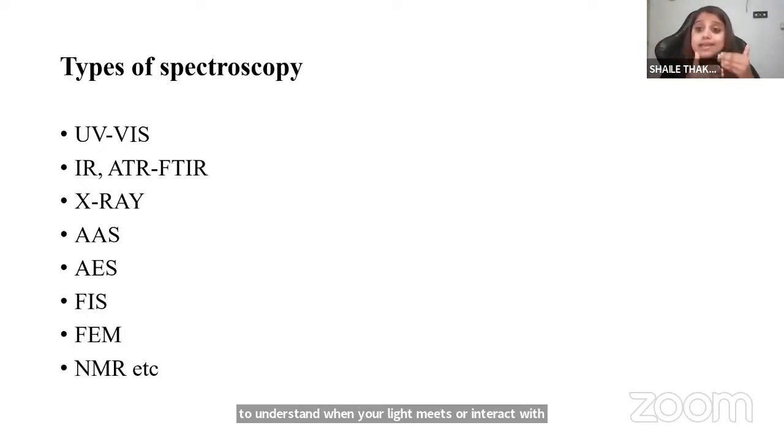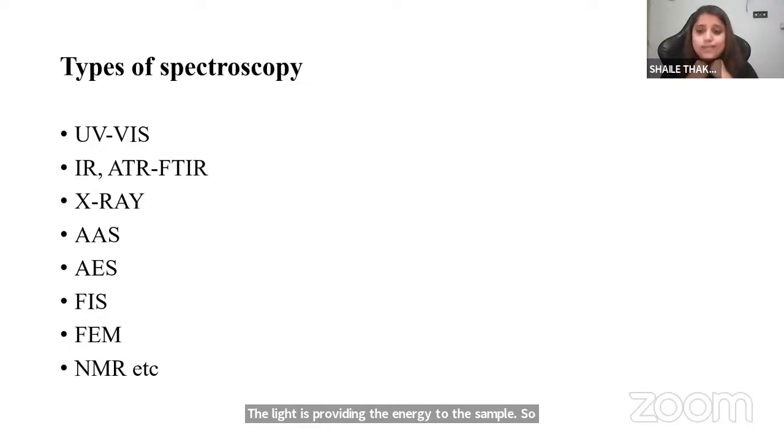So the light is providing energy to the sample, and your sample is absorbing that energy. The sample contains, of course, atoms, and atoms are surrounded by electrons.